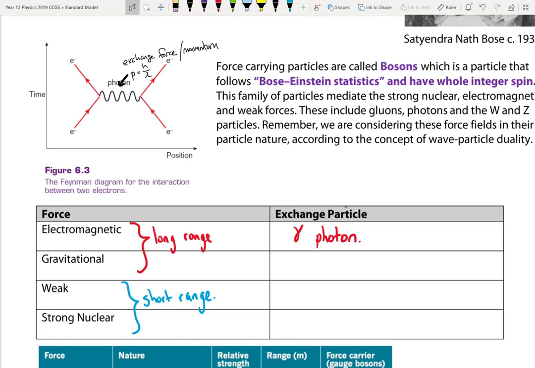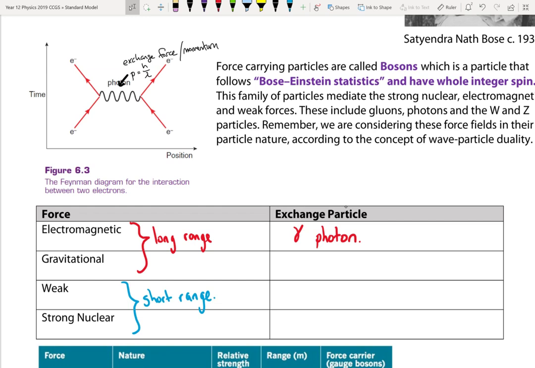The ones that mediate force, there are 4 known fundamental forces in the universe. The electromagnetic, gravitational, the weak nuclear, and the strong nuclear. So the strong nuclear binds the electrons together, and then the weak nuclear is responsible for weird stuff like beta and alpha decay.